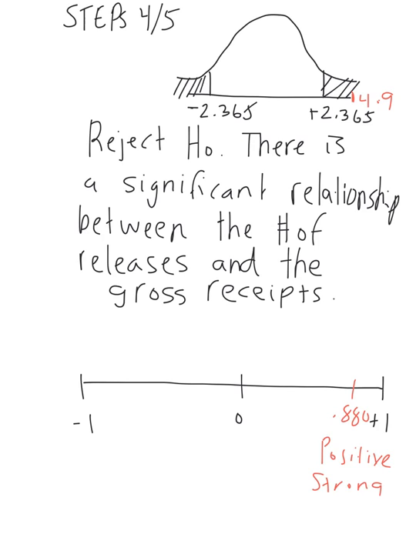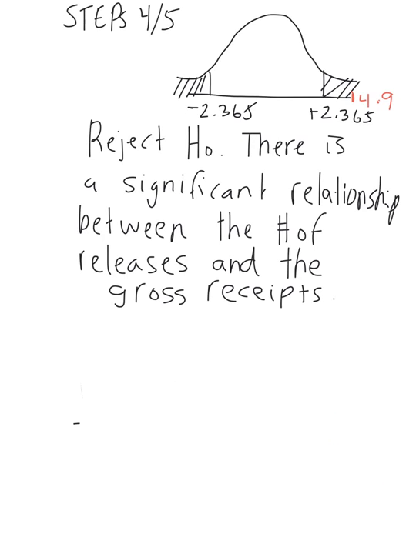So now that we determined that there is a significant relationship between the two variables, now we can find the regression line. We're going to make our 5 columns. Let's do it in black.